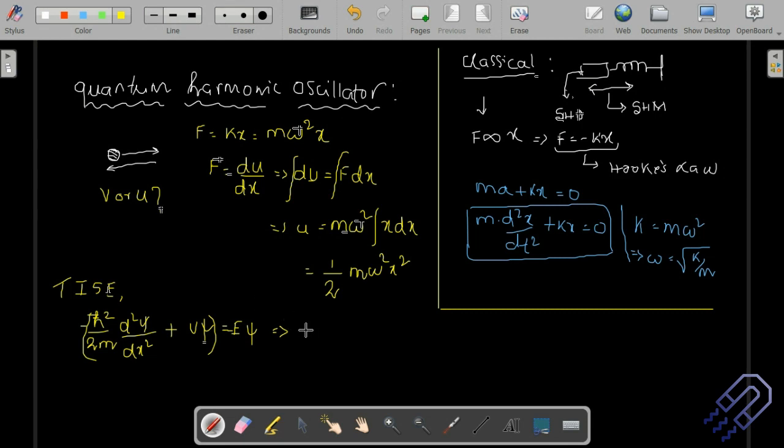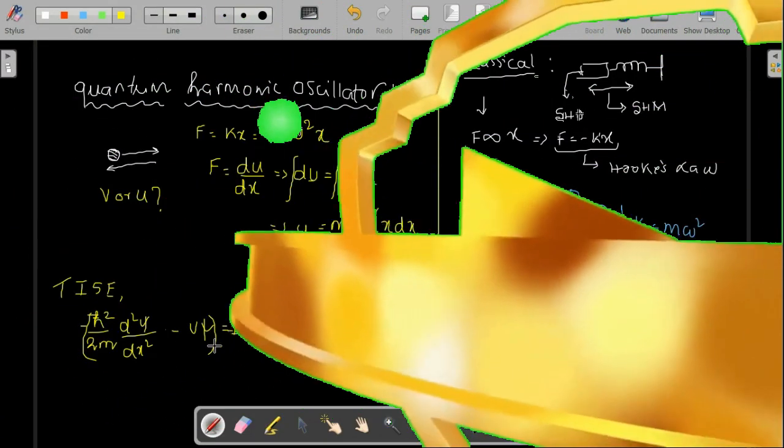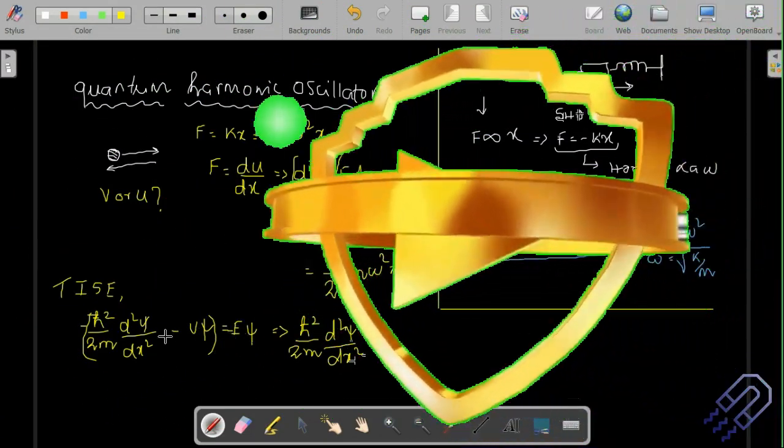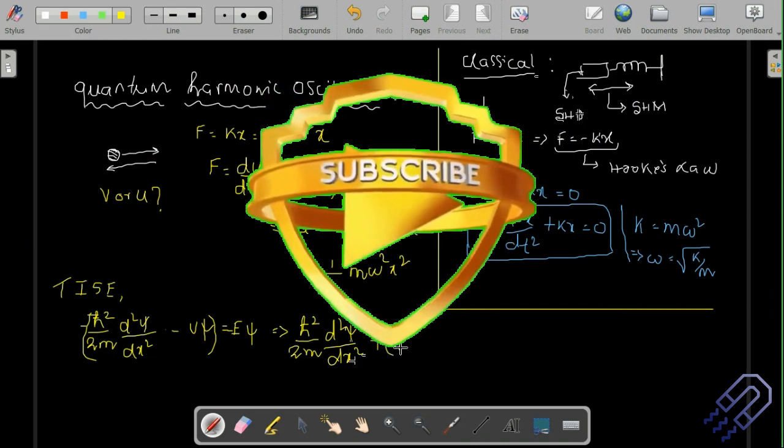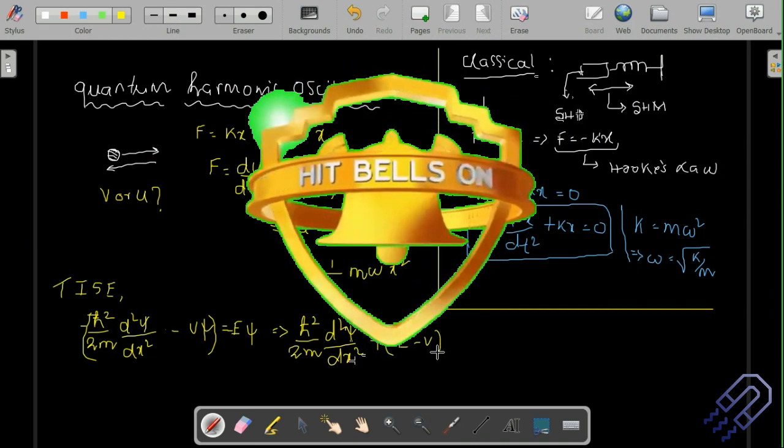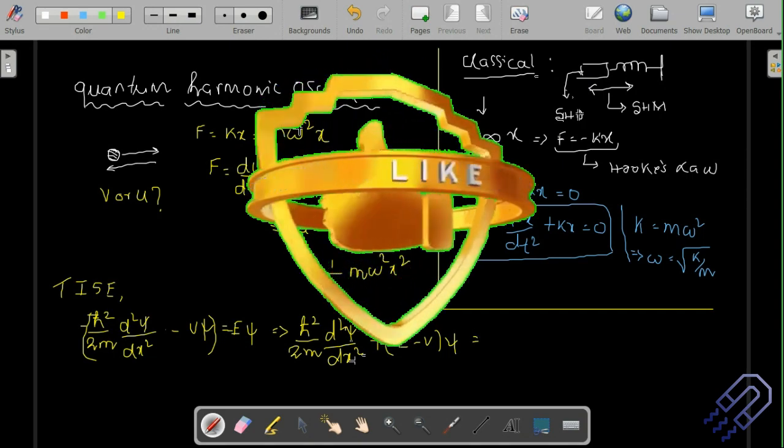So I can write it as h cross square by 2m into d square psi by dx square, plus, taking minus common, V minus E becomes E minus V, into psi is equal to 0. These steps are mechanical; we do them a lot of times.